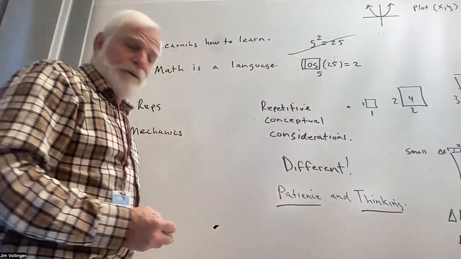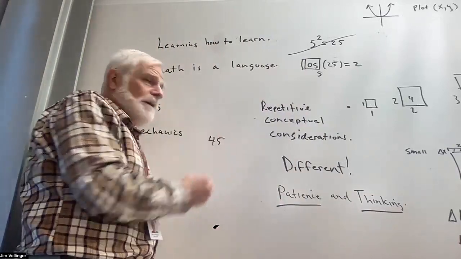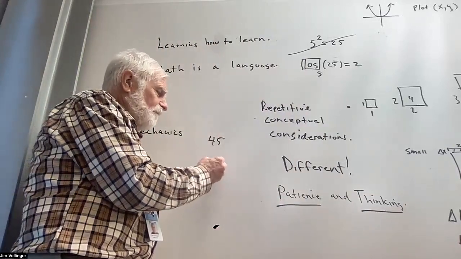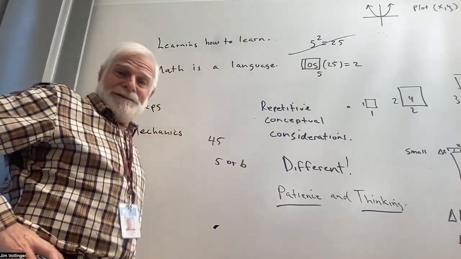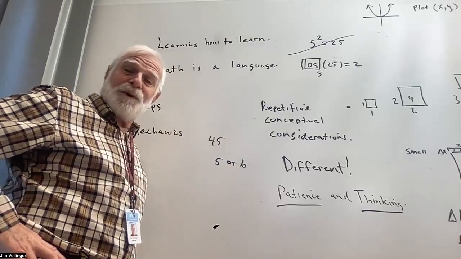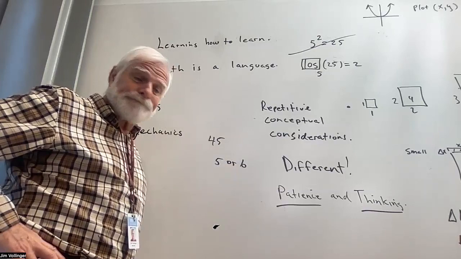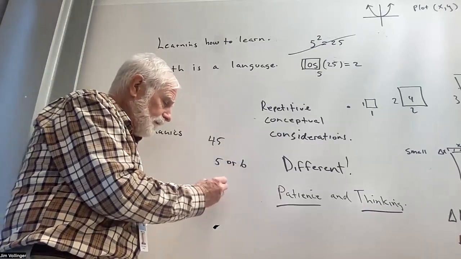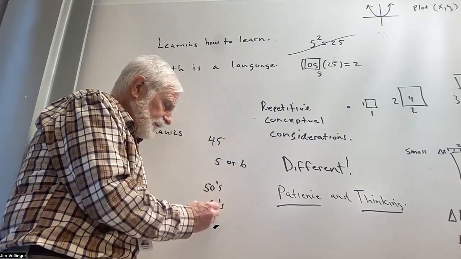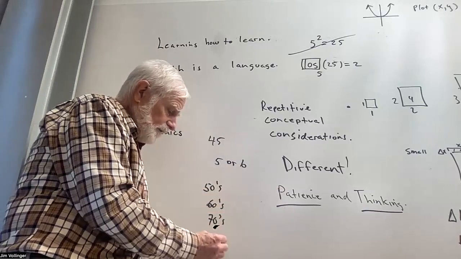And after our first 2 weeks, our first test was maybe 45 problems, and the median was somewhere around 5 or 6. Which just speaks to the fact that people weren't used to doing something called thinking. Right? But now many of you are scoring in the 50s, 60s, 70s, and mid-90s.